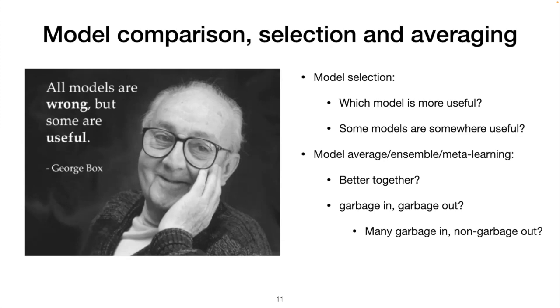So why do we want to do model comparison, model selection, or model averaging? It's pretty much because all models are wrong, but some are useful. So we want to select not the correct model, but the useful model. And later we will see that another interpretation of "some models are useful" is that some models are useful somewhere.